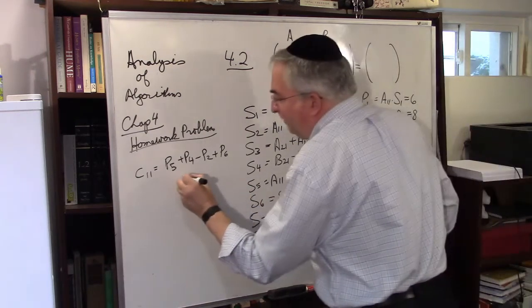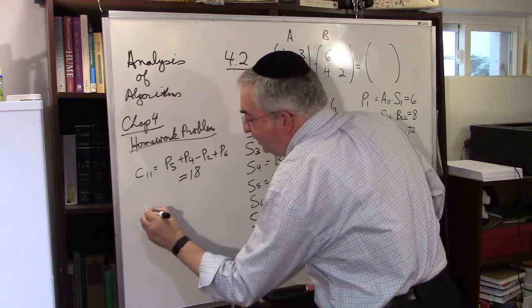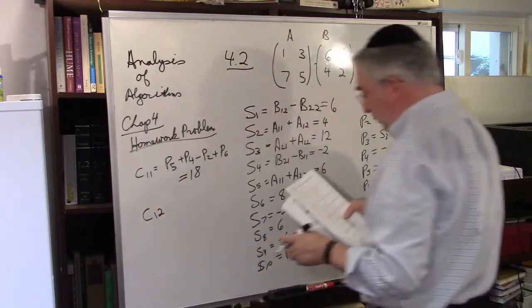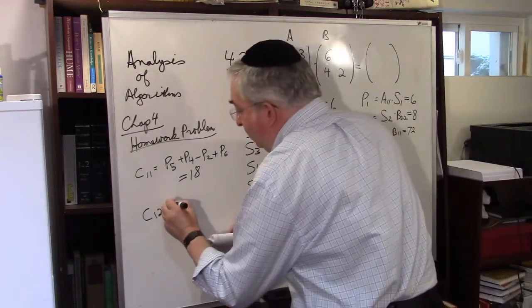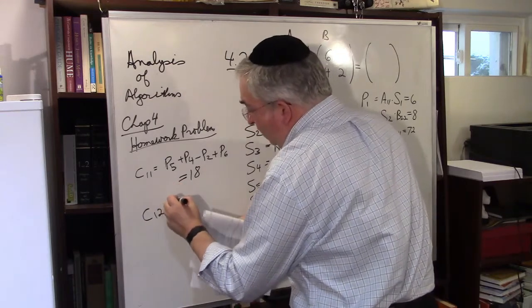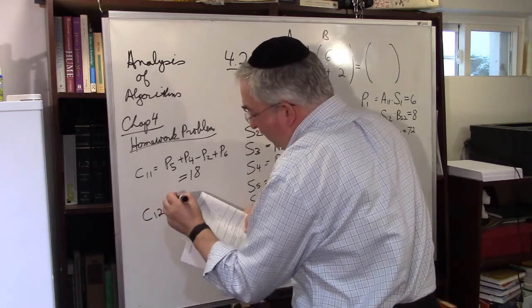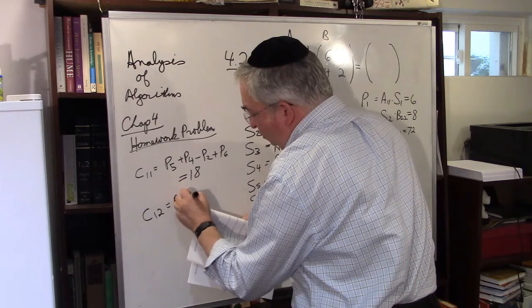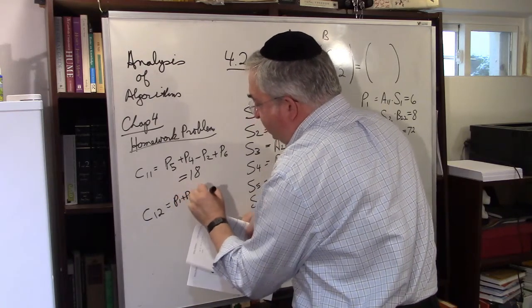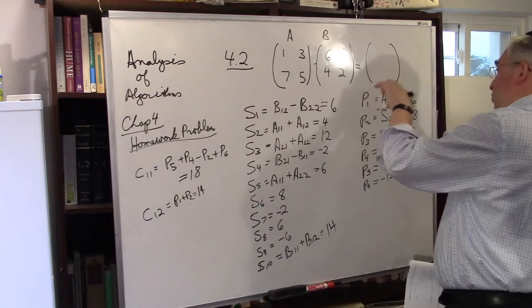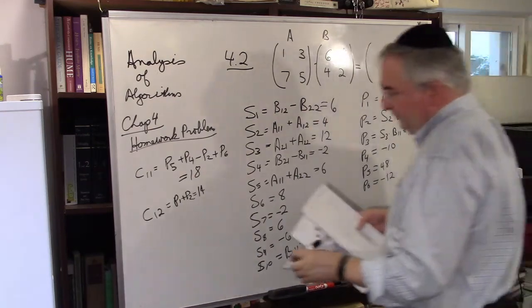So that's 18. Okay. C12 is equal to, you got to follow the formula, which is in the book, P1 plus P2, which is equal to 14. 6 and 8 is 14.